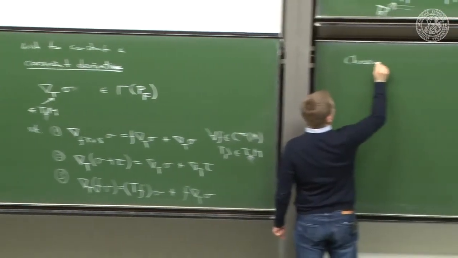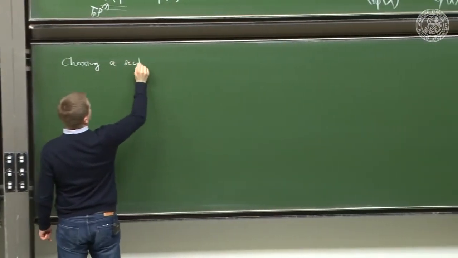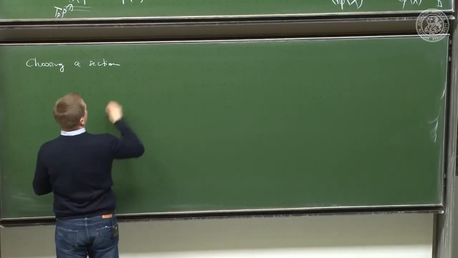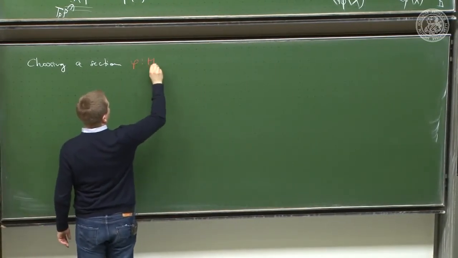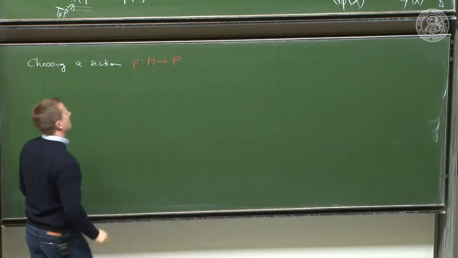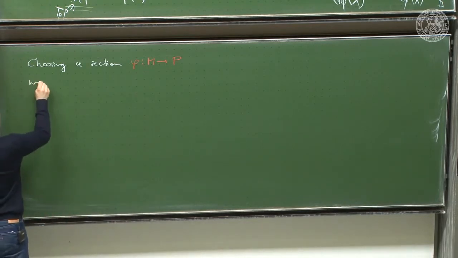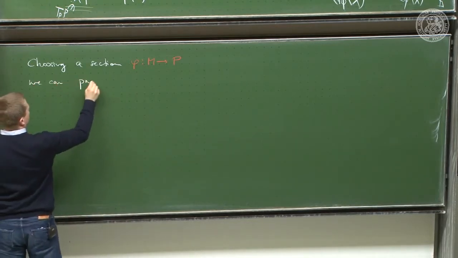Choosing a section phi in the principal bundle, we can pull back.